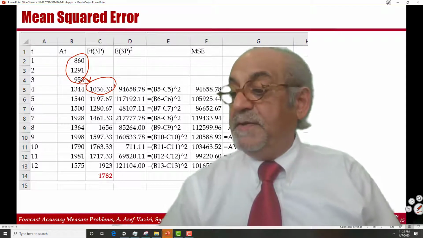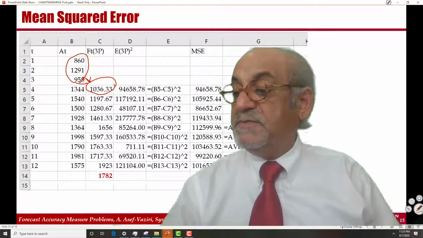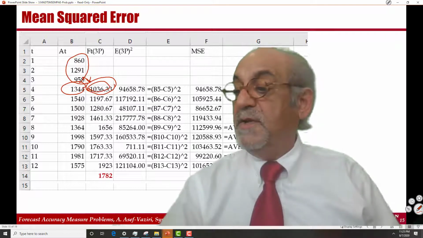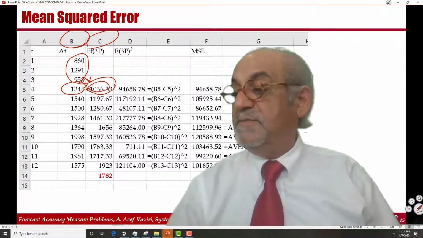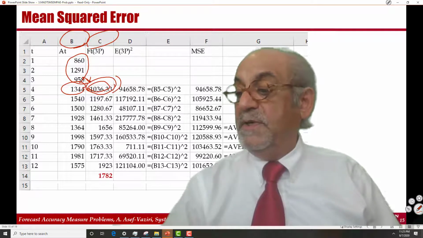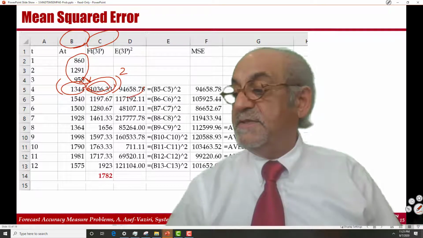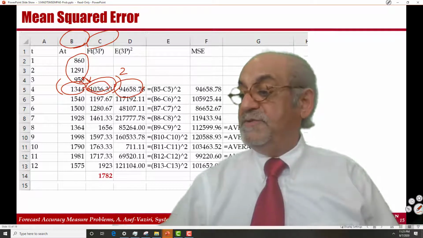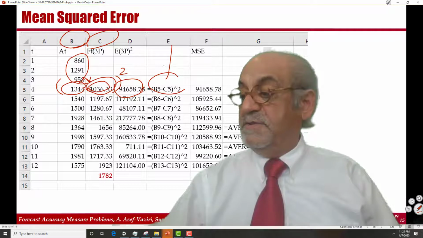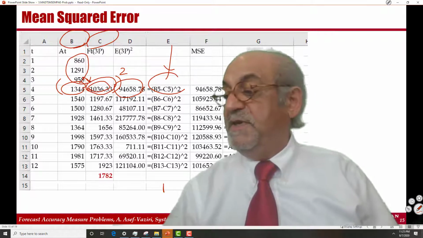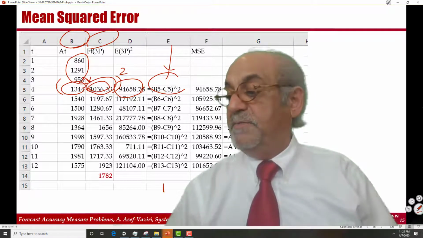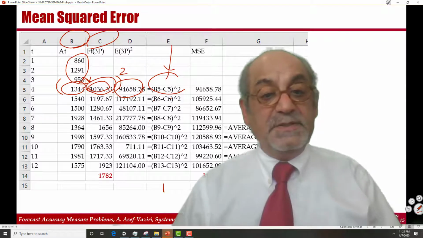Then we find the difference between these 2 numbers, that is column B minus column C, and then we also square it, and this is this number. The formula is also here: B5 minus C5 squared, B6 minus C6 squared.